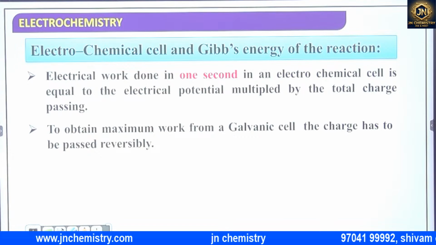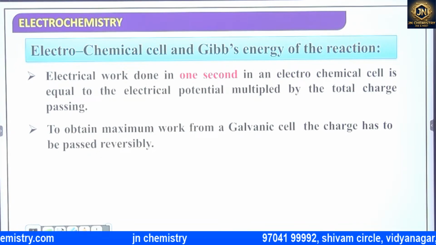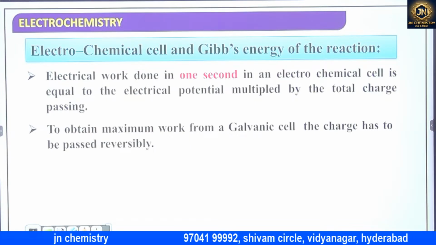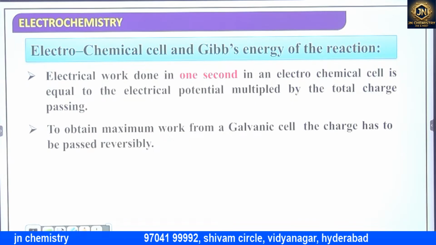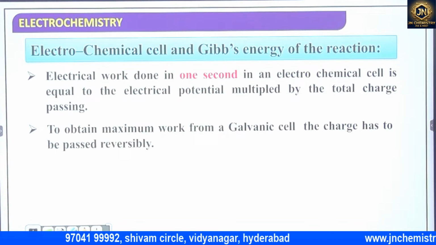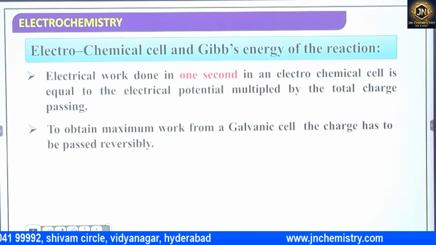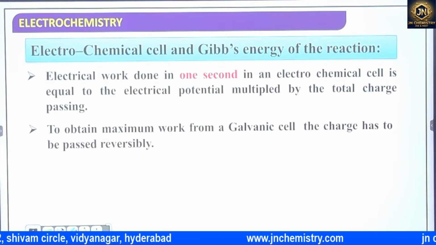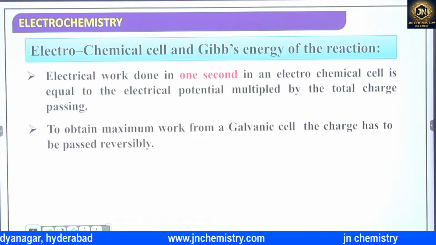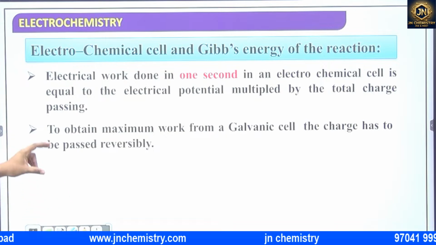To obtain maximum work from a galvanic cell, the charge has to pass reversibly. Write the 2 points. Very important. This first point is very important.